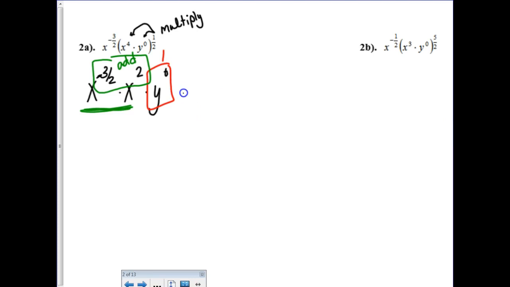So on my calculator, negative 3/2 plus 2 would be 5/2. Now if you went ahead and wrote times 1, there's nothing wrong with that, it's just not necessary. So the most simplified answer here would be x to the 5/2.